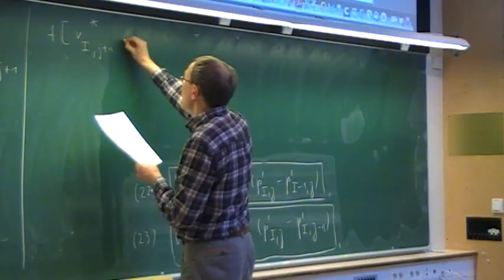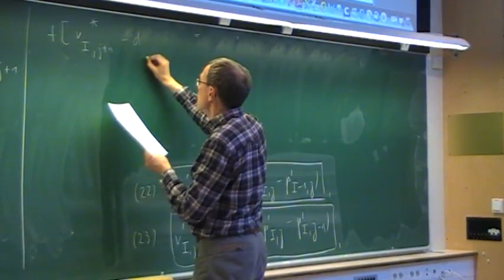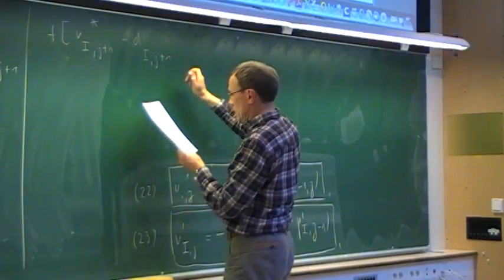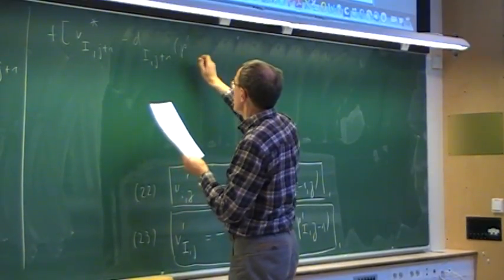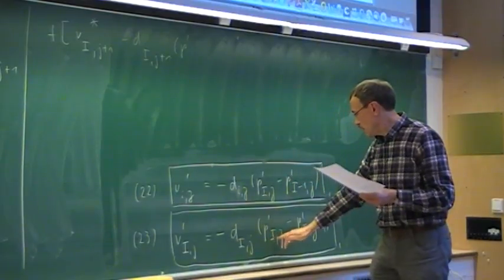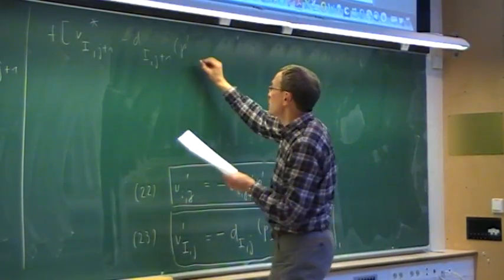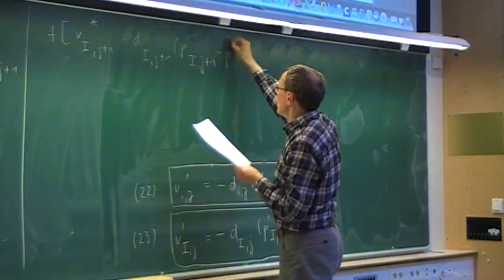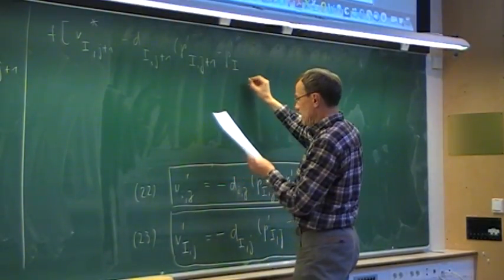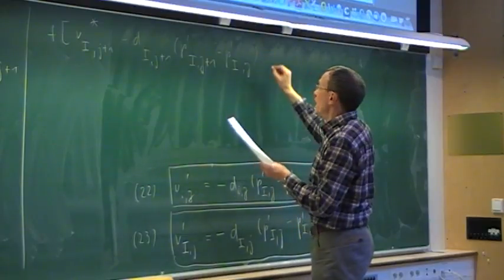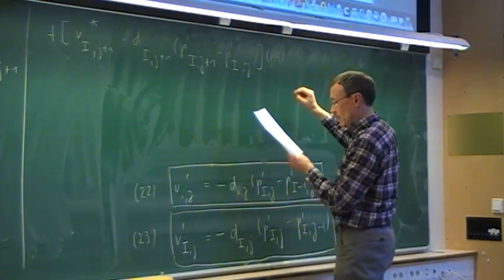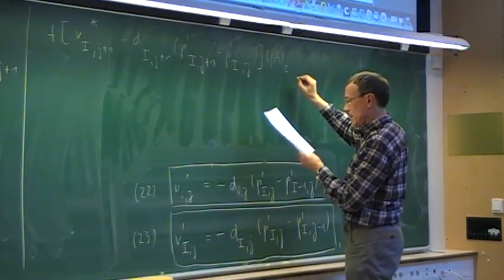And that is then minus the d i j plus 1 times the pressure difference. j is 1 larger, that is the p prime at i j plus 1 minus the p prime at ij. And that is multiplied by rho times the area, which is at i j plus 1.